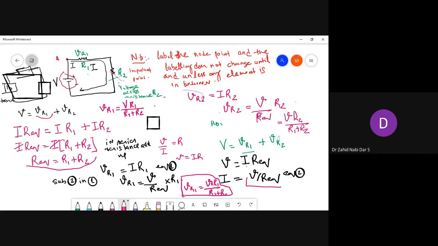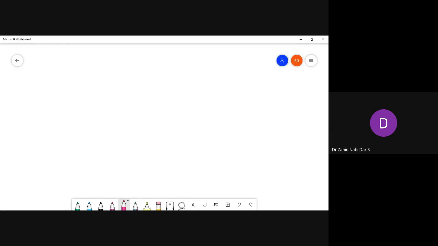let's do a simple problem. There is something called gain. If I have to check the gain, just now we saw that VR1 was equal to V into R1 upon R1 plus R2. So VR1 by V would be equal to R1 upon R1 plus R2.